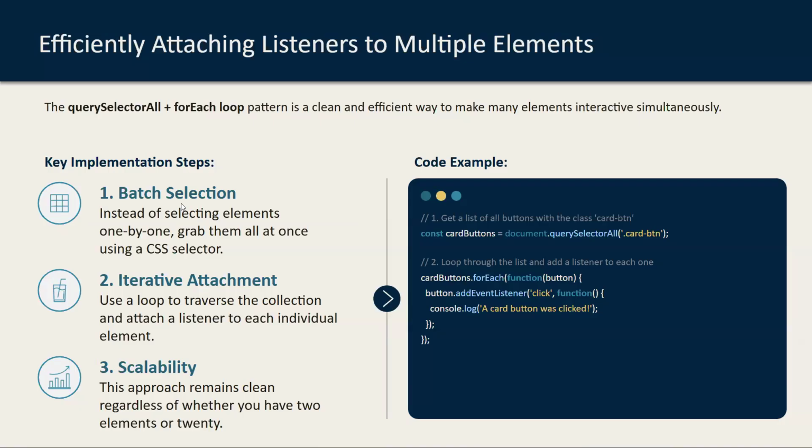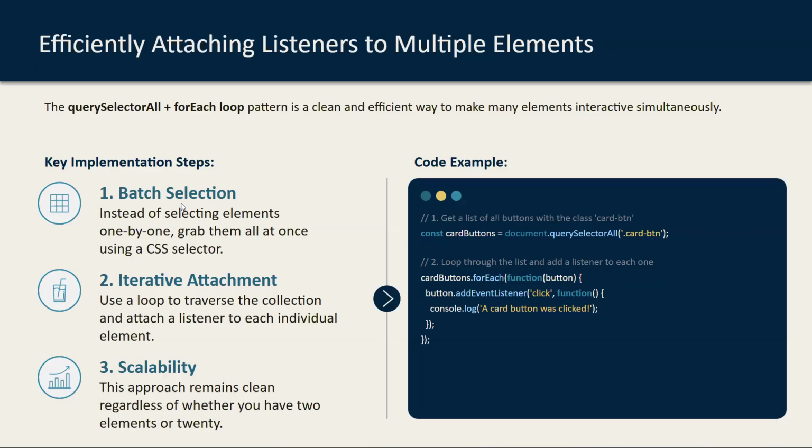Another pattern that we should be aware of is attaching listeners to multiple elements efficiently. This comes up a lot when you have several buttons or cards that should all respond to clicks.